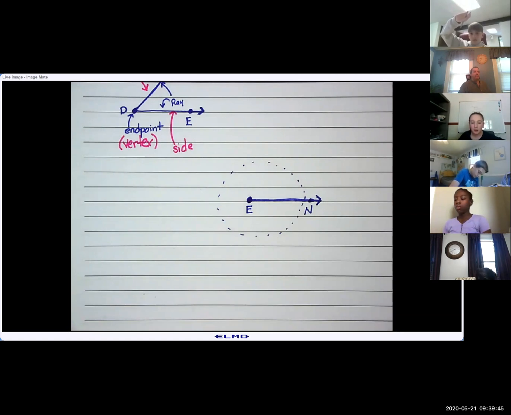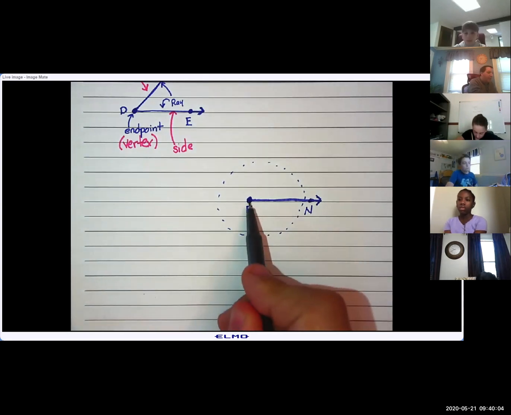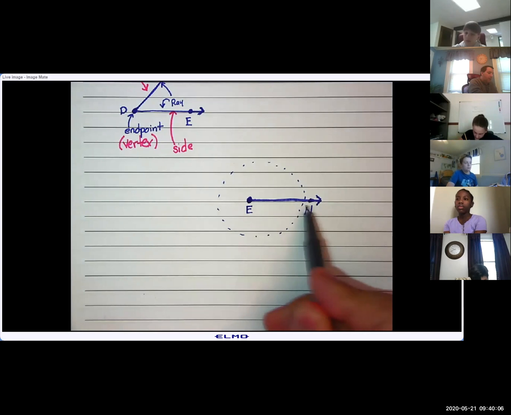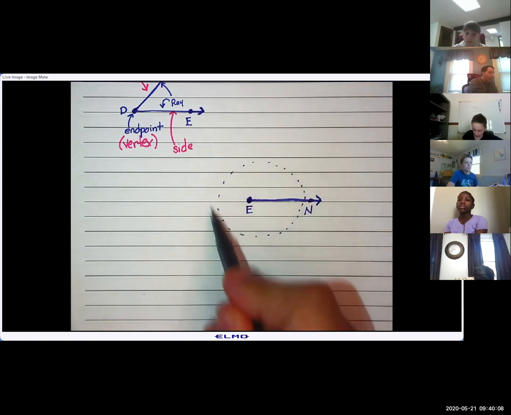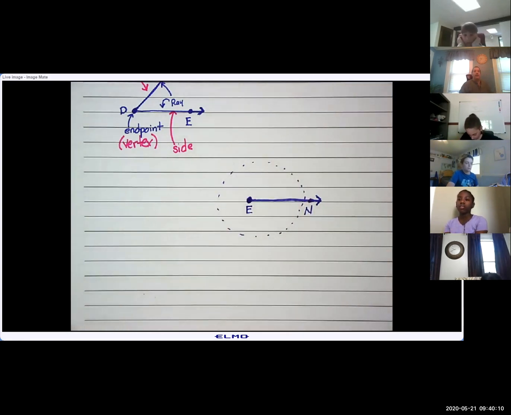Nick F. A circle? I would have a circle. Does that make sense so far? If I kept point E right there, but I spun this all the way around, it would make a circle, right, Nick?